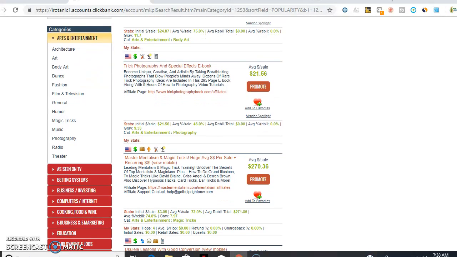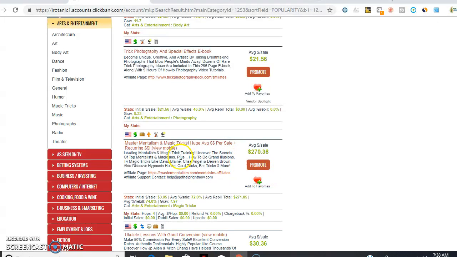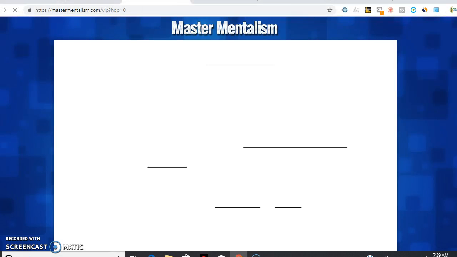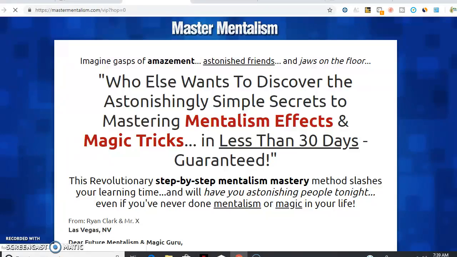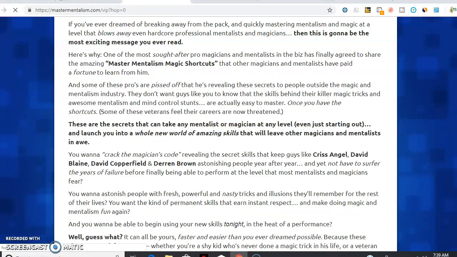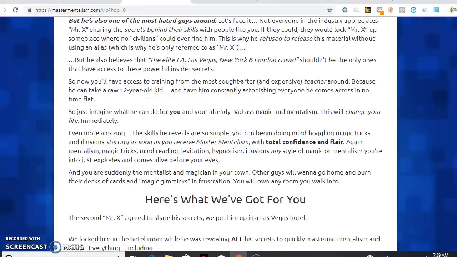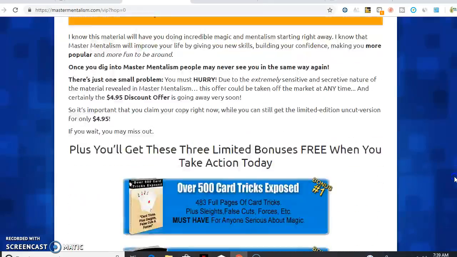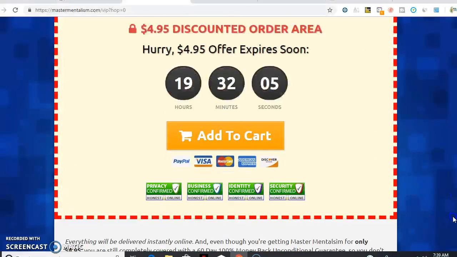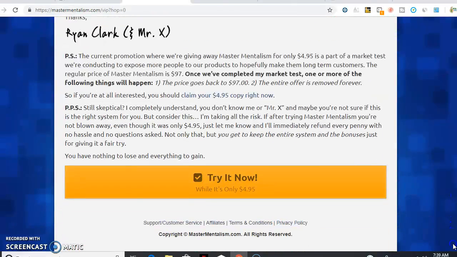And this one is $270. One product is converting very well, 72%. A magic trick or something. People who want to learn some magic tricks go to this kind of website and want to purchase some tricks or tips, and you guys can take some titles from this website and put them on Twitter, Facebook and Quora.